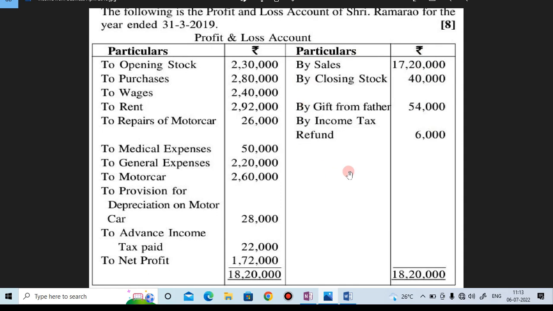Sales of 17,20,000 is related to business income. Then closing stock is related to the business. Next is gift from father, 54,000. Gift from father is not related to the business income. It is a personal gift which Ram Rao has received from his father.